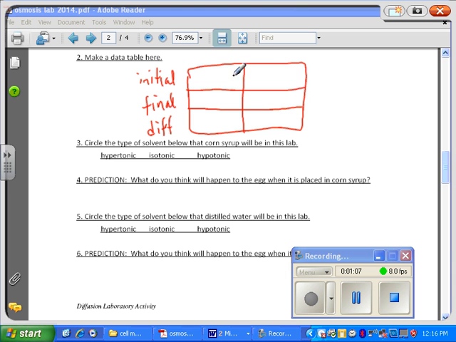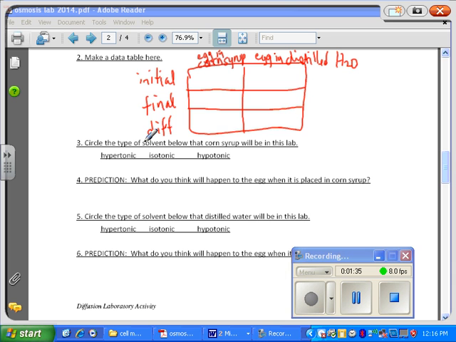This is going to be the weight of the eggs, and you want to put one that's in corn syrup, egg in corn syrup, and you want to have one with an egg in distilled water. Maybe you can use a plus for the one that got bigger and a minus for the one down here that got smaller. This I didn't write very well. It's corn syrup.